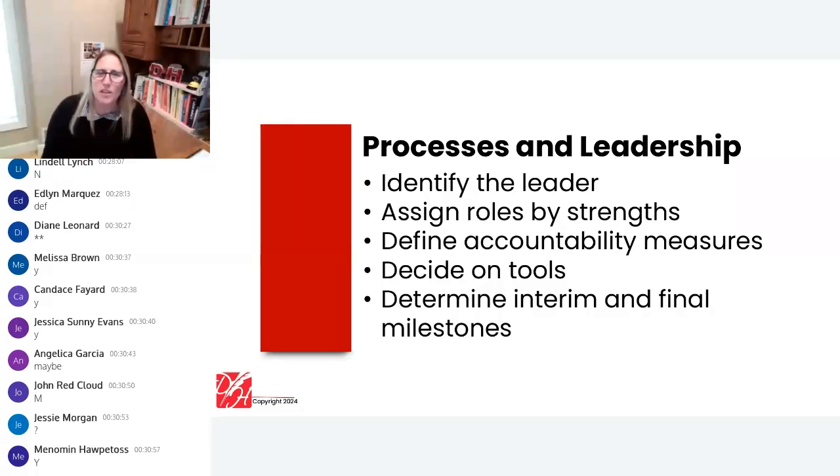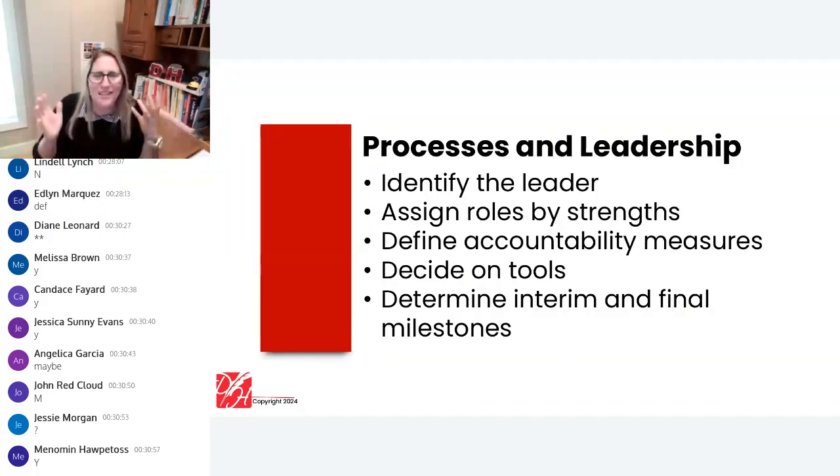This is both in terms of whose organizational name is the lead, the one that shows up on the form, the one that's going to show up in the grant award notice. Once you get the funding, we need to decide who that's going to be. We want to think about the different roles that different organizations and different individuals within the organizations will play. We want to think about how we're going to hold each other accountable to those timelines that we set, maybe for an application that's due in 3 months, knowing that we all still have the rest of our work to do.